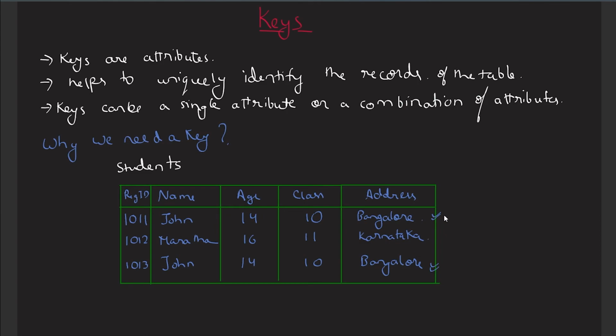Even if all the other attributes have the same information, there will be a key attribute that uniquely identifies that particular record. So any attribute that has unique values in all the rows will be called a key. That's why we need a key for uniquely identifying the records in the database.